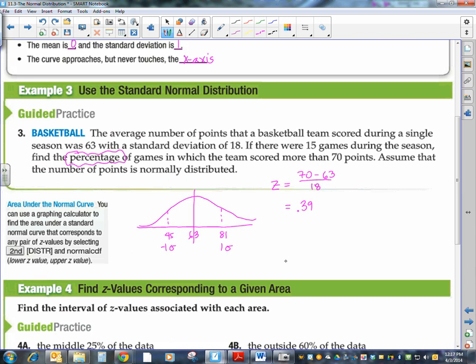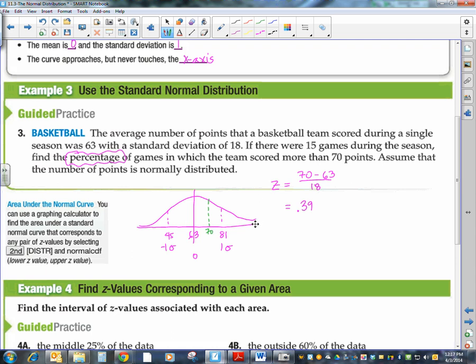Now, you have two ways to figure out this problem, but let's go with this first of all. Remember that on a normal distribution, this is 1, this is 0, and this is 1 standard deviation. So 0.39 is somewhere in here, about right there. Okay, this is where my 70 marker is.